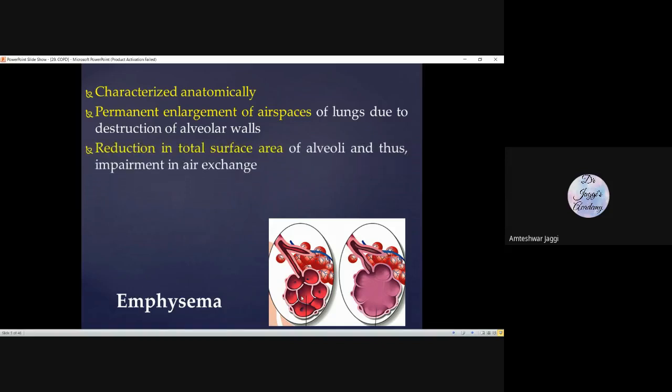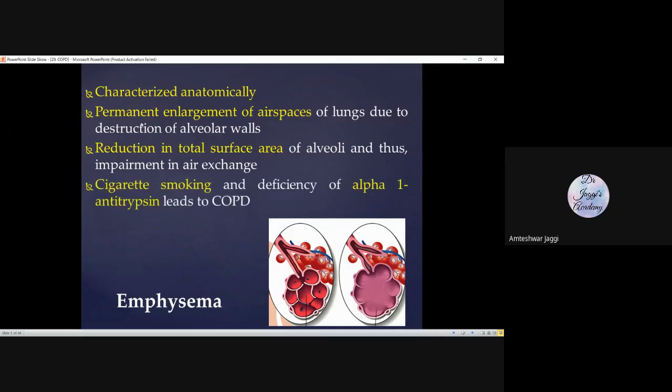And what will happen if the walls have been destroyed? Ultimately, there is a reduction in the total surface area of alveoli. So surface area is reduced, and if surface area is reduced, ultimately there is an impairment in the air exchange. The air exchange is impaired. So this is the major problem in emphysema.